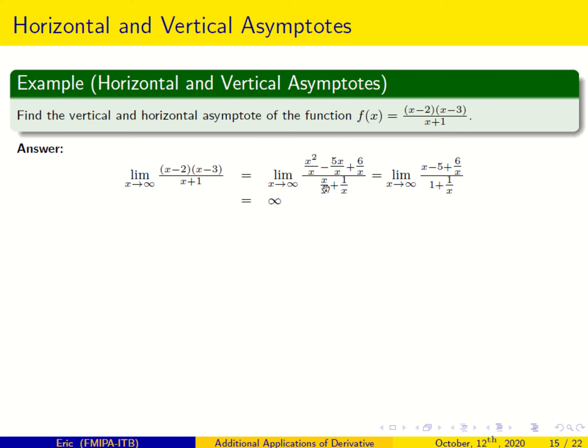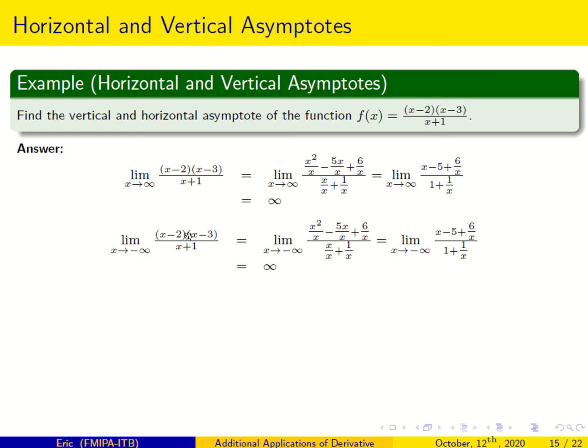If we divide by x squared, this is 1 minus something, and this goes to 0, and it will give you infinity. This is still wrong, but you can correct it. So in this one you don't have a horizontal asymptote. For the second one, if x goes to minus infinity, it goes to infinity also.